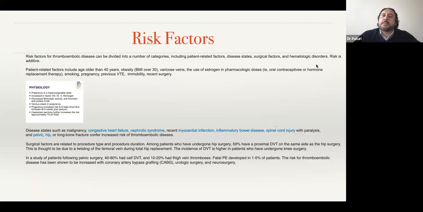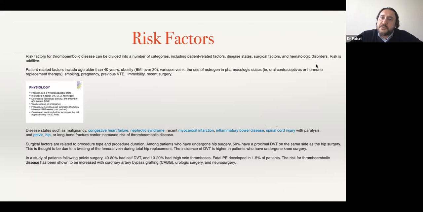For example, a patient who is undergoing a surgery to remove a mass that has been deemed to be cancerous in the abdomen may have a higher risk. Thoracic surgery may be a high risk. Hand surgery, on the other hand, patients going in for a carpal tunnel release, may not see as much of a higher incidence. So certain types of surgeries will have higher risks of blood clots and DVTs.